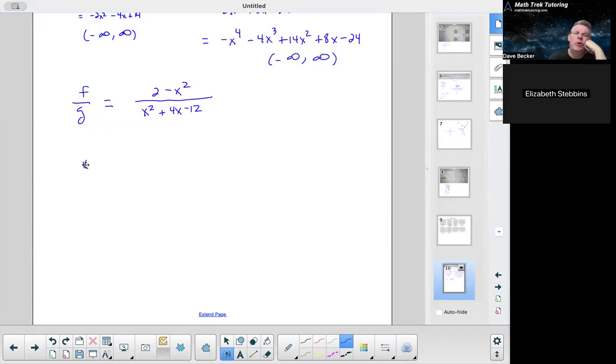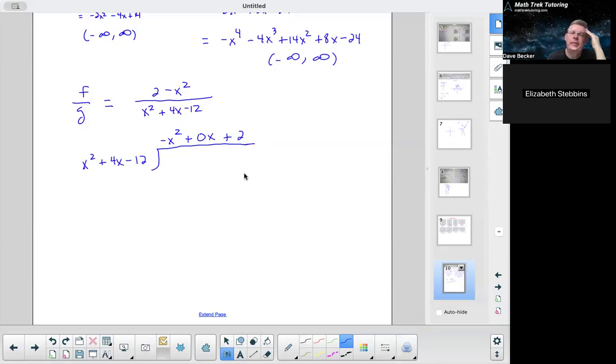So the long division would be the top divided by the bottom. Let's see if this looks familiar to you. We have to put them in descending order, like negative x squared. Do you remember this at all? Yep. And then we have to put in 0x to the first power because there's not an x to the first power, and then the constant.